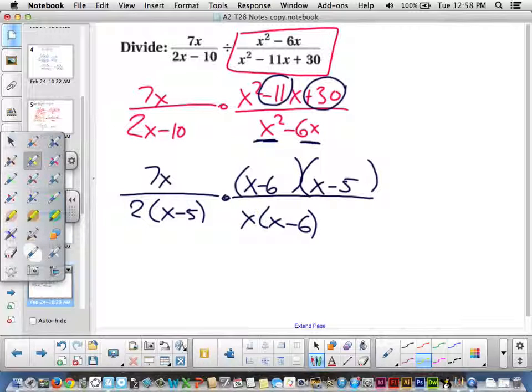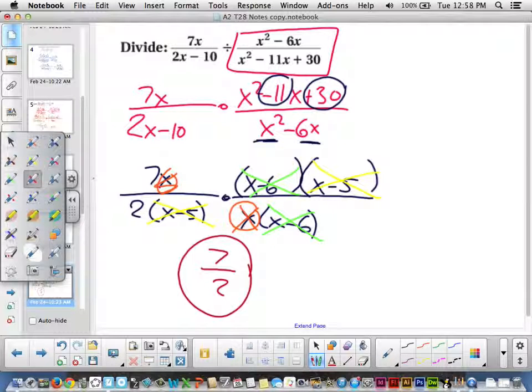As we look for common terms, the x minus 5s go away. The x minus 6s go away. And the x's go away. And we're just left with 7 over 2. So that means any value you stick in for x, you'll get 3.5 all the time.